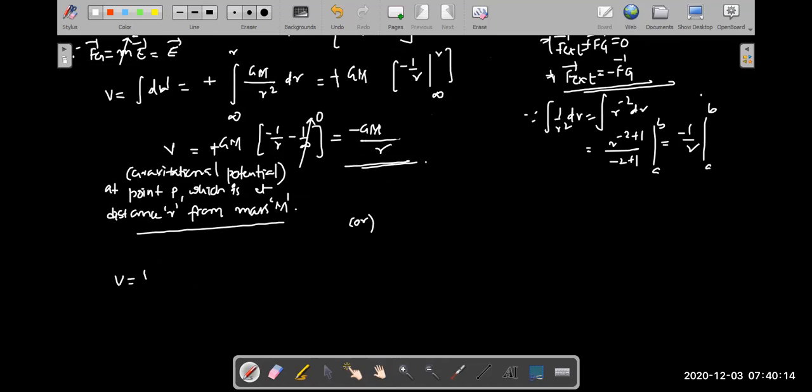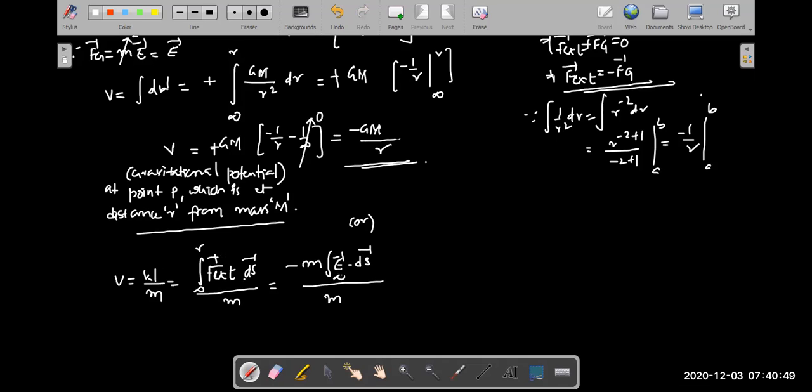Total potential is nothing but total work done by mass m, that is the integral of F bar external dot ds bar from infinity to point P at distance r, which is minus m times the integral of E bar dot ds bar from infinity to point r. Now you can cancel the value of m.